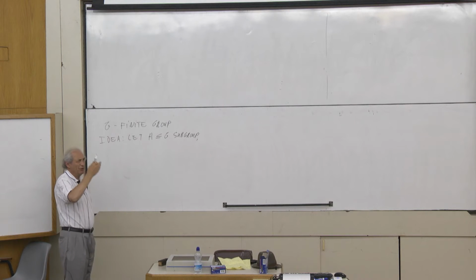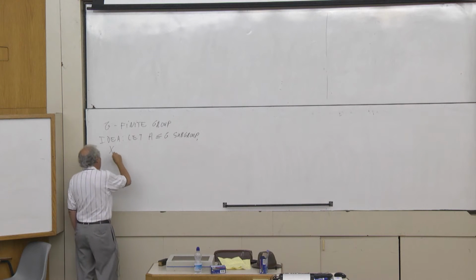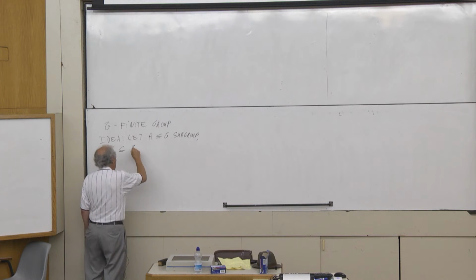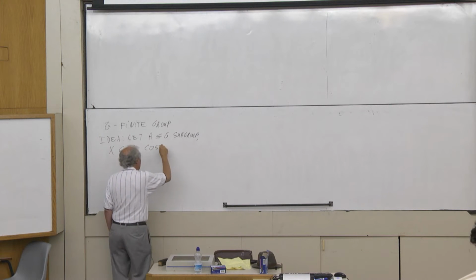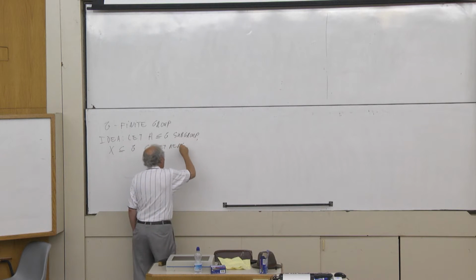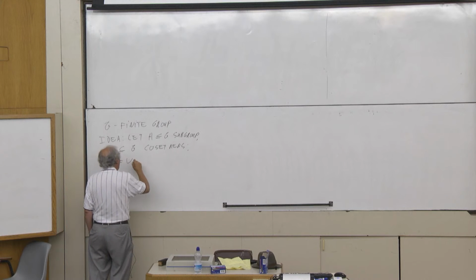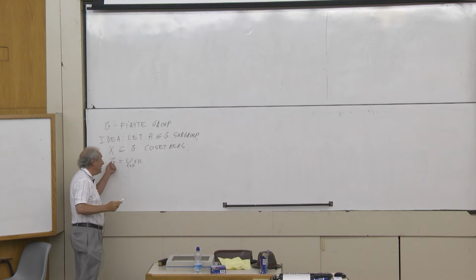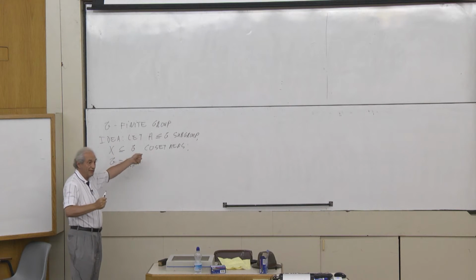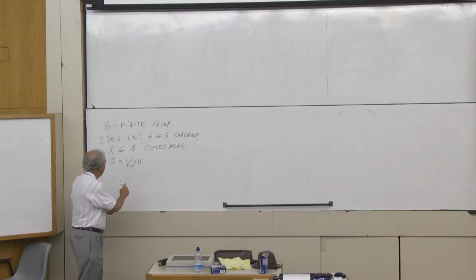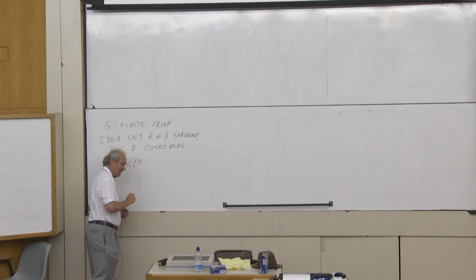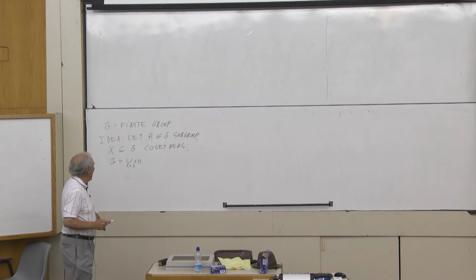If you have a subgroup, you can choose coset representatives X contained in G. All that means is that G is the disjoint union of X times H, where X is in the set of coset representatives and H is in the subgroup H. So everything can be uniquely written as a coset representative times something in the subgroup.